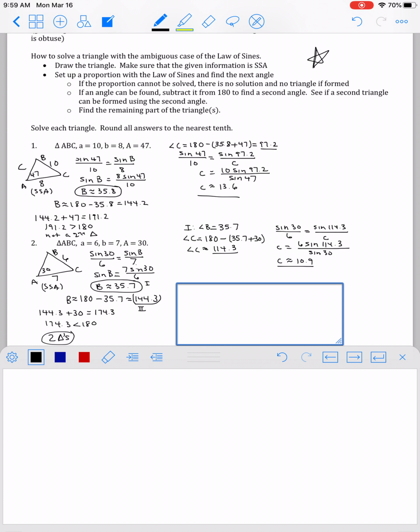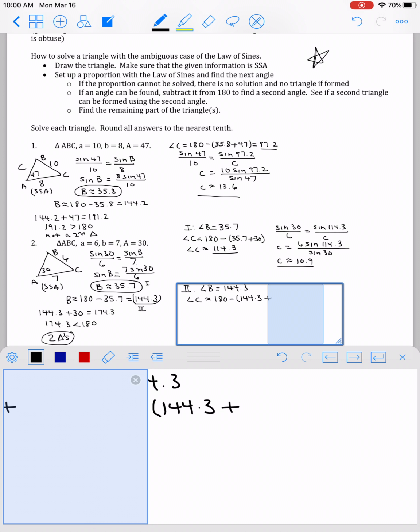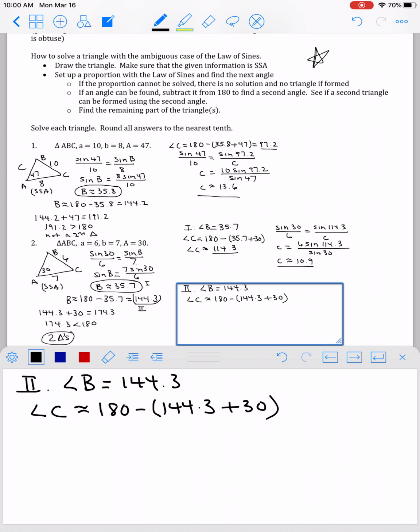Then we do solution number 2, where angle B is approximately 144.3. So now in solution 2, angle C is approximately 180 minus 144.3 plus 30. And that's going to give me approximately 5.7.